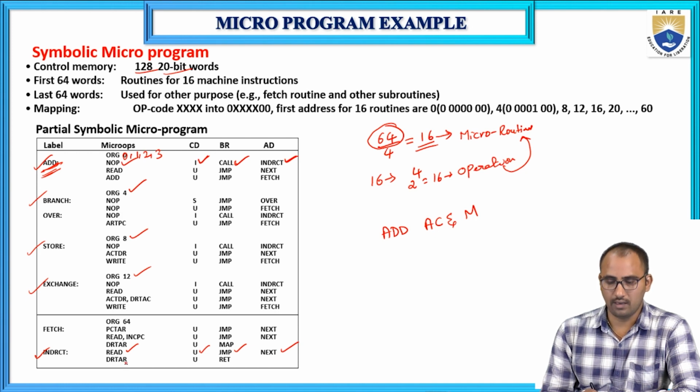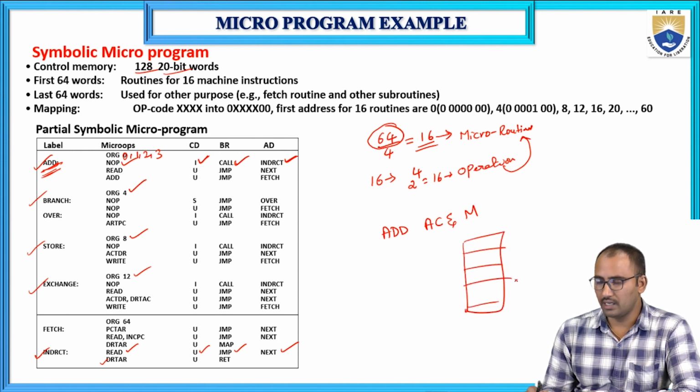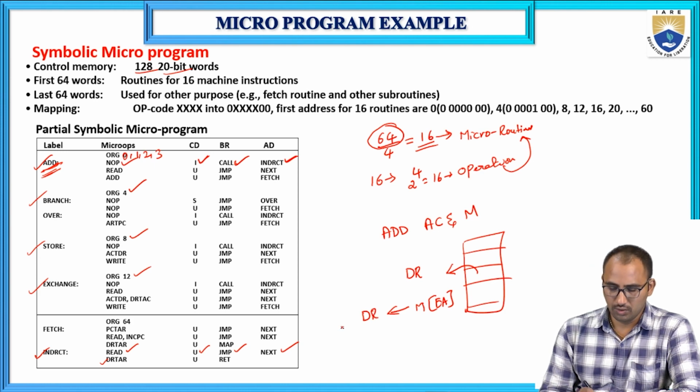DR to AR. So first, we have an operand in the memory. From the memory, that effective address, first we need to load into the data register. So M of effective address will be loaded into the data register.